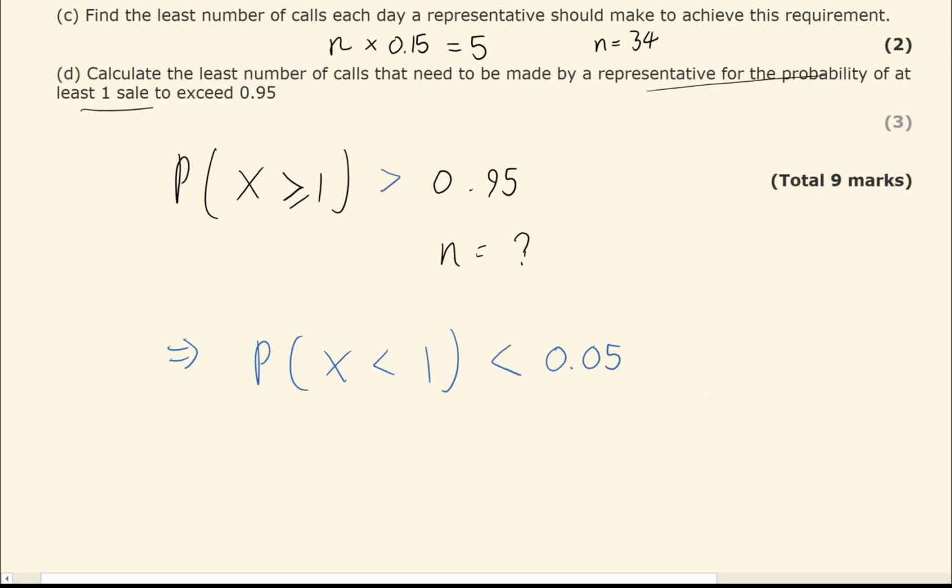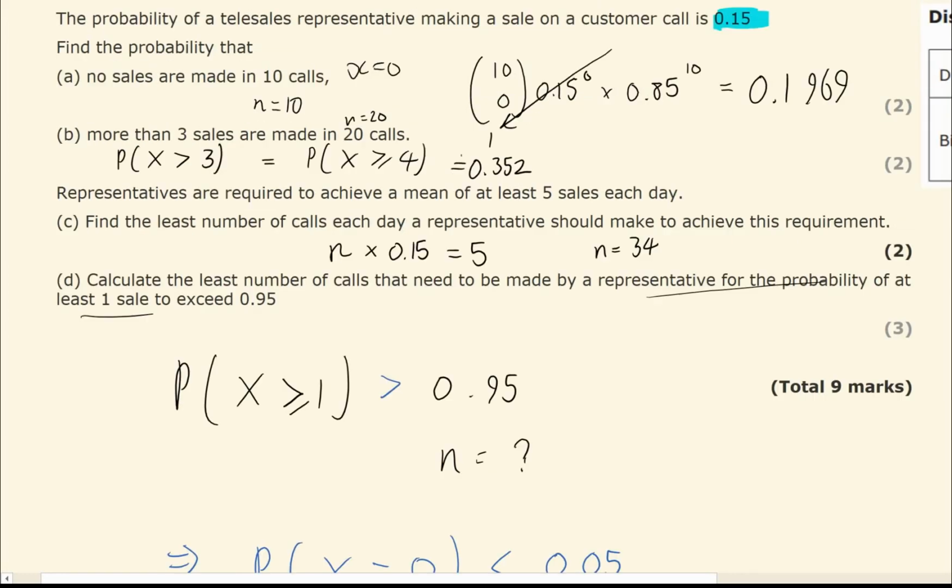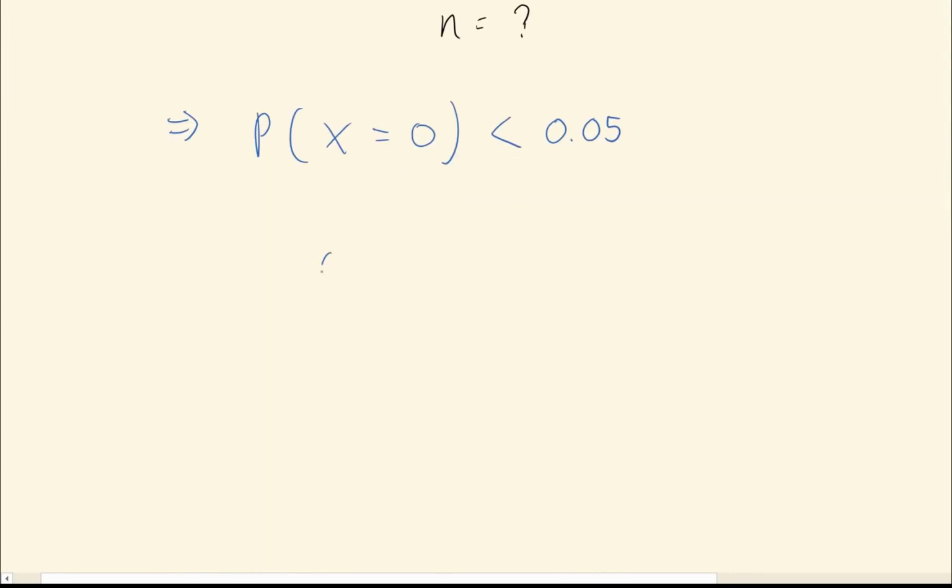The only way to get less than one sale is to get exactly 0 sales. So you could solve this as well. And the odds of getting 0 sales is just 0.15 to the power of n. Oh, sorry, that's not 0.15, it's 0.85, because each time I want to fail.